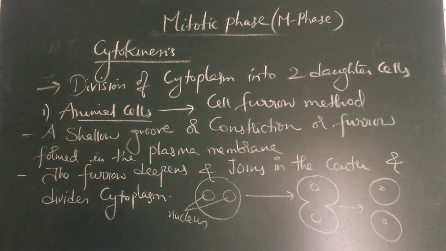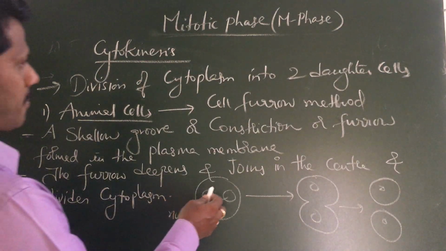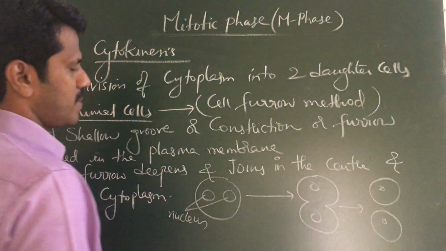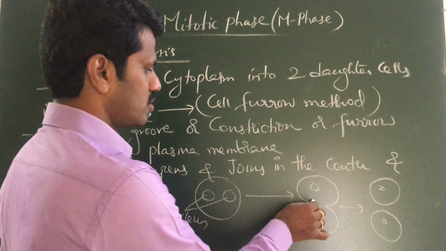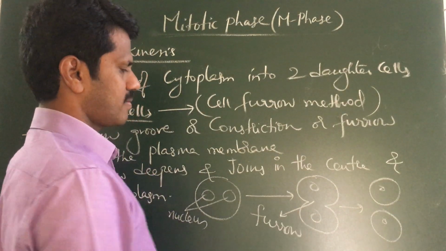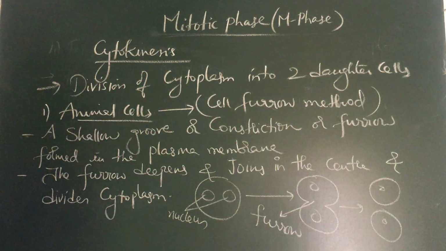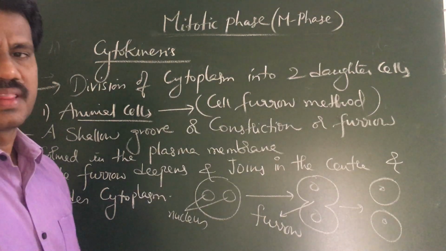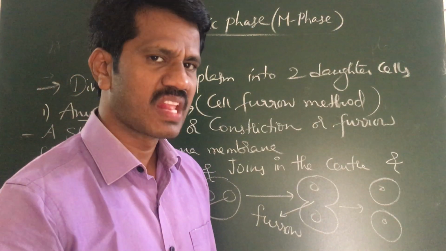So it constricts to divide into two cells. Such a method we call the cell-furrow method. A furrow is formed, which deepens and divides the cytoplasm into two different cells. This method is called the cell-furrow method, especially in animals.